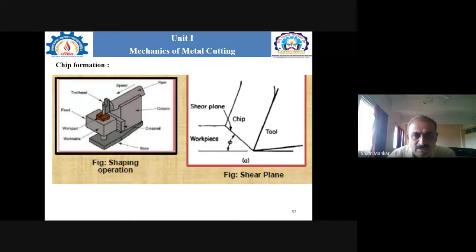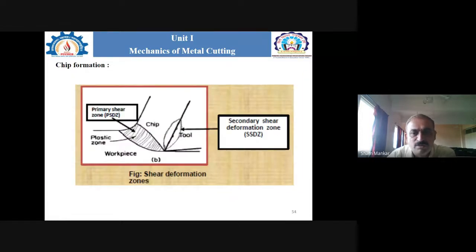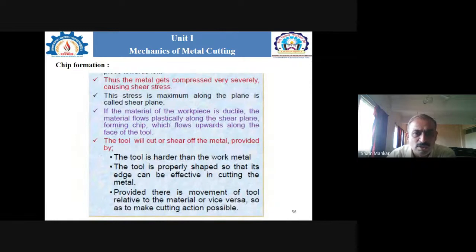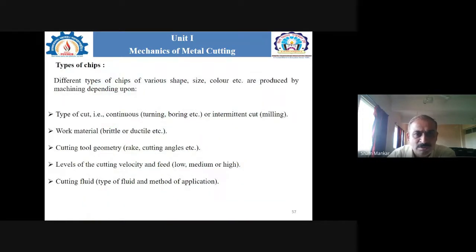We discussed the role of the shear plane, how the shear deformation zone takes place during the chip formation process, and also the different types of chips which normally form, taking into consideration the different shape, size and colors.